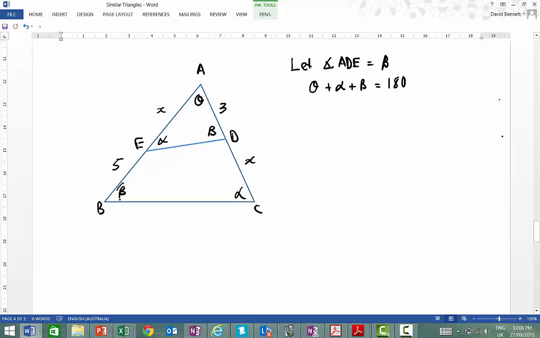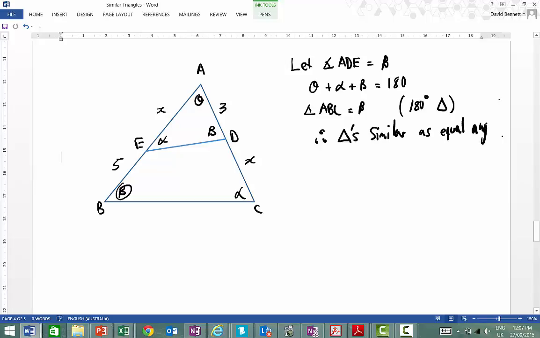Assuming we didn't actually have this angle down there, then angle ABC would have to be equal to beta, as we have 180 degrees in a triangle. So therefore the triangles are similar as equal angles. So that's sort of the process that we do.